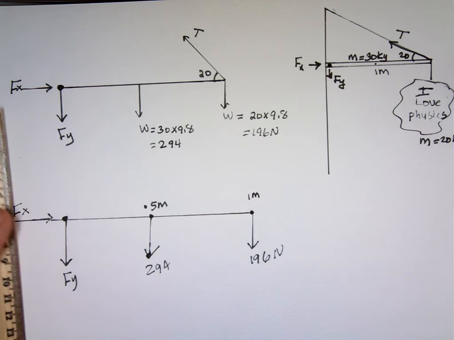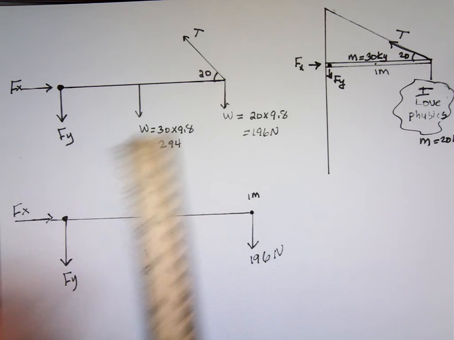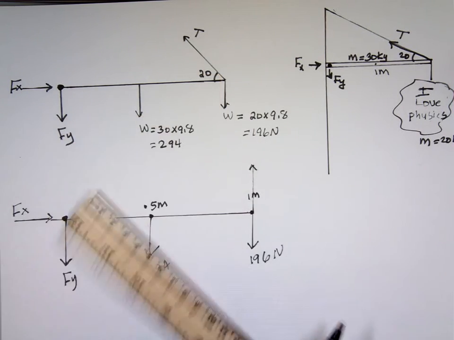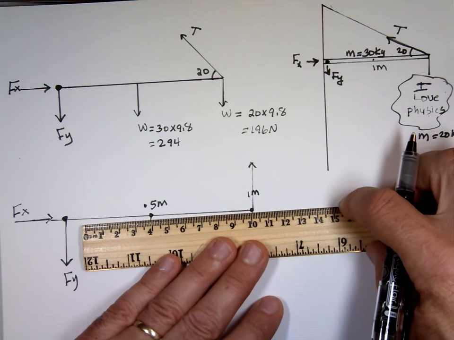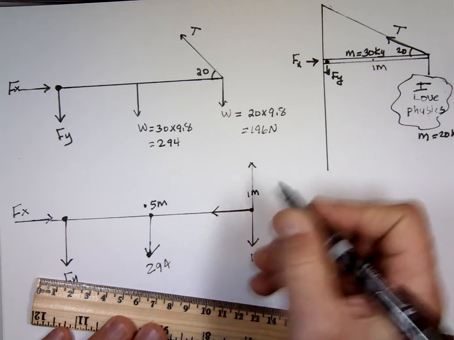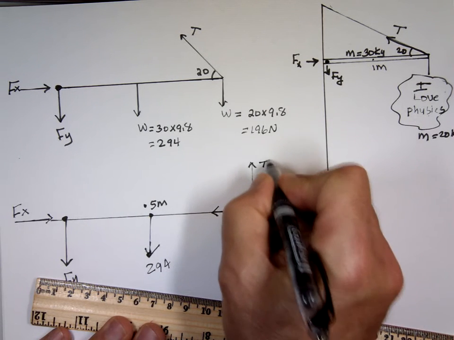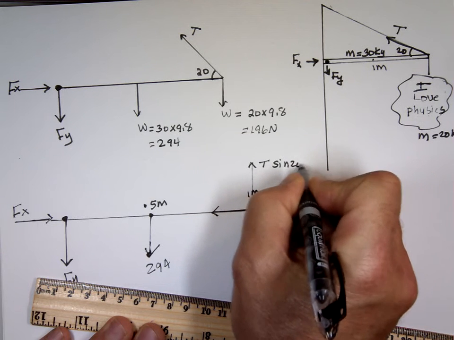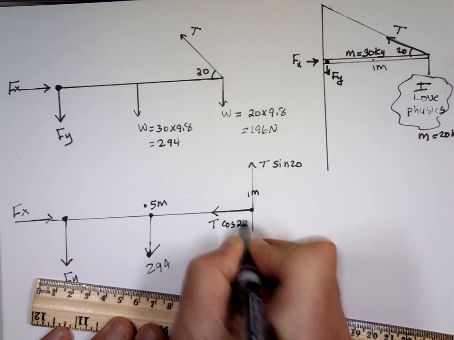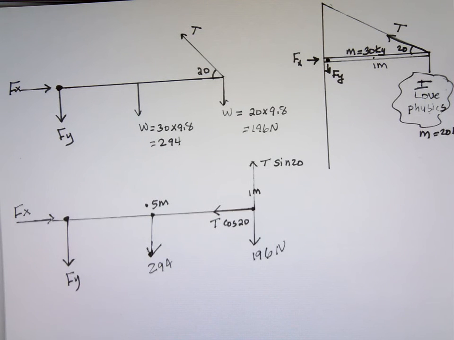Then I'm going to take this force and break it down to two components. One in this direction and one in this direction. The one in this direction is what? T sine 20. And the one this direction what? T cosine 20. And again, if the sign is not moving, just hanging there, we have static equilibrium.